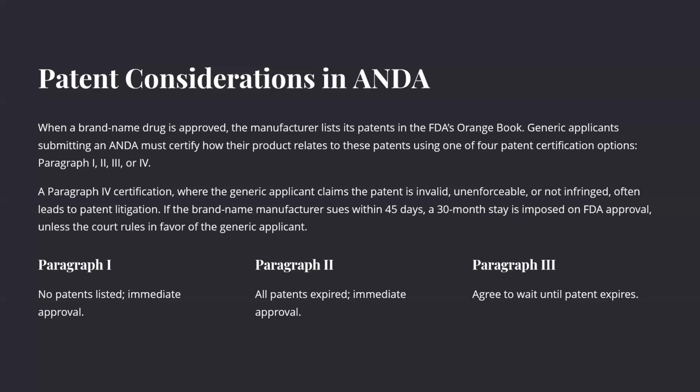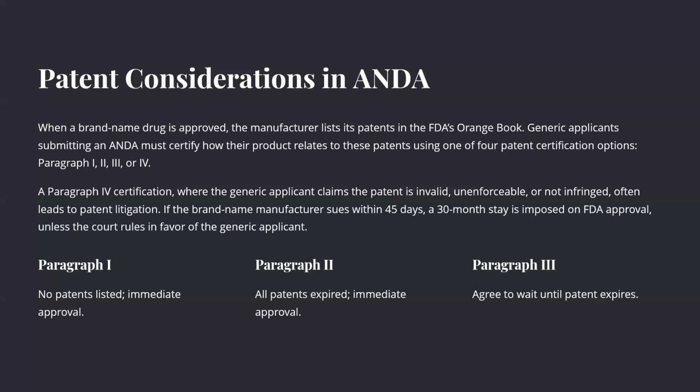A paragraph 4 certification is where the generic applicant claims that the patent is either invalid, unenforceable, or not infringed. When the generic applicants claim these points, it often leads to patent litigation, because if the brand name manufacturer sues within 45 days, a 30-month stay is imposed on FDA approval unless the court rules in favor of the generic applicant.